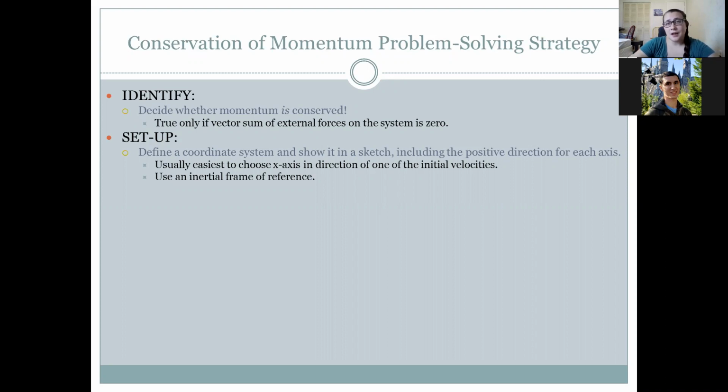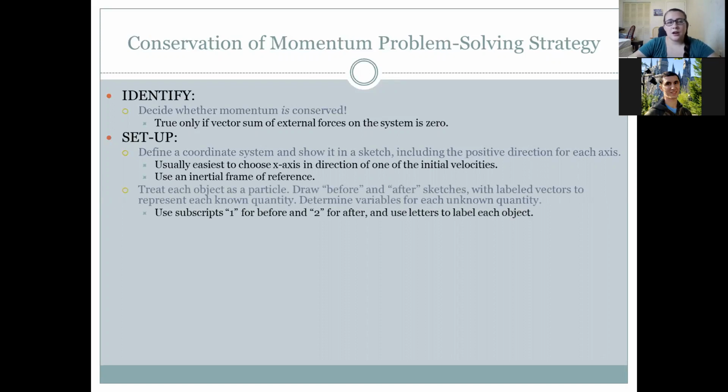But there will be some times where we'll have collisions not in the x-axis direction. And so usually it's easiest to just rotate our coordinates so that the x-axis is in the direction of one of the initial velocities of the object. And then we're going to use an inertial frame of reference. So again, we're not dealing with anything like relativity at the moment.